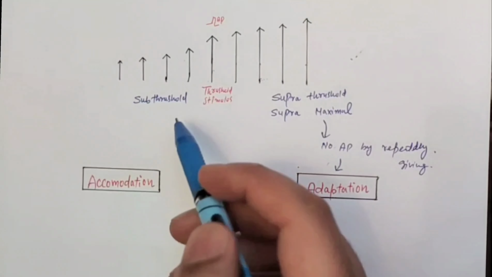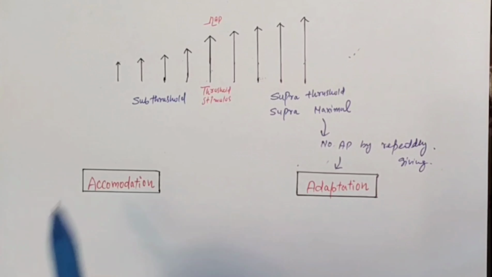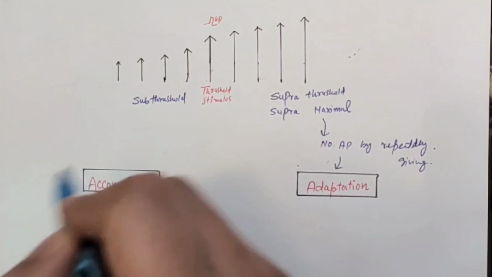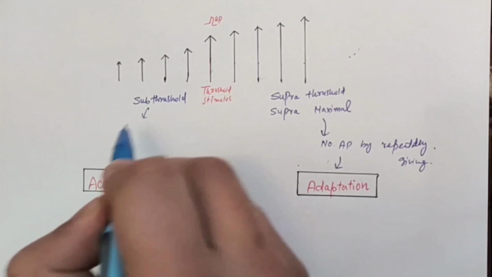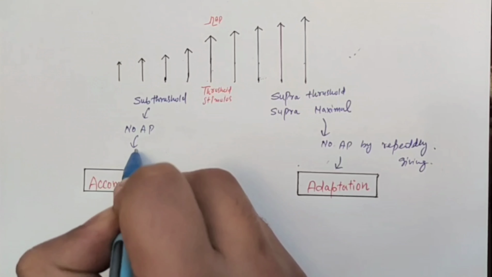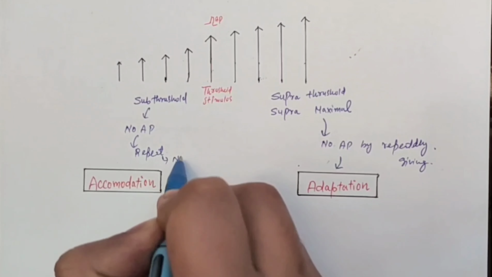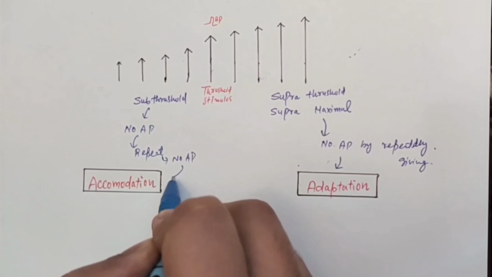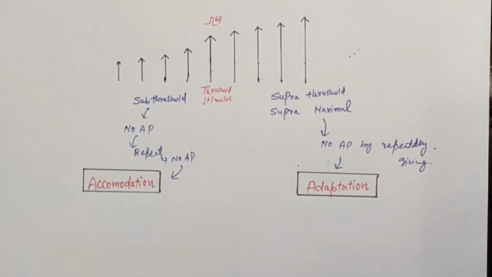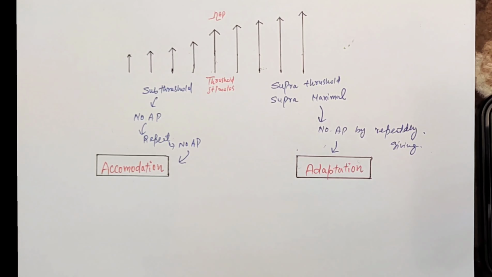And the stimuli below the threshold stimulus are called subthreshold stimuli. These subthreshold stimuli do not produce any action potential even if we give them repeatedly. No action potential. Even if we repeat, there will be no action potential. And this phenomenon is called accommodation, because summation is not possible in action potential.